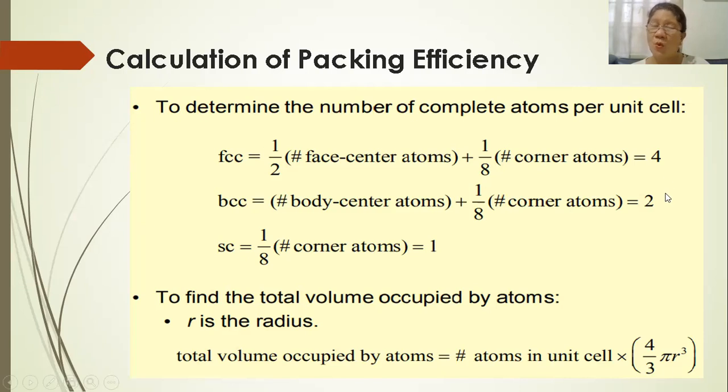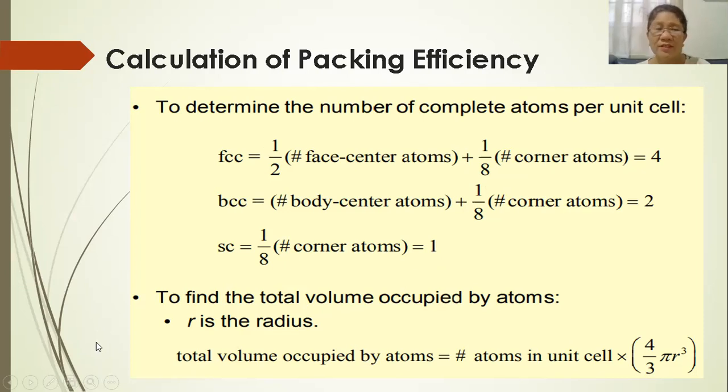So there will be 4. Then we have the body-centered cubic. That is the number of body-centered atoms plus 1/8 multiplied by the corner atoms, which has 2. And the last one is the simple cubic. That is 1/8 and the corner atoms, which is equivalent to 1.